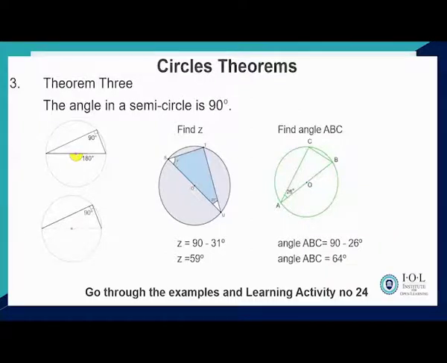So 90 minus 31 gives me the other one, because I already have the 90. I don't have to say 180 minus 90 minus 31. I can just say 90 minus 31. The other one also, find B. I've got C is 90 degrees. I have to see it because it's on diameter AB. 90 minus 26, and that gives you your angle asked.